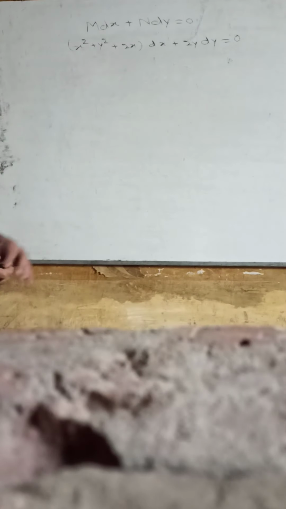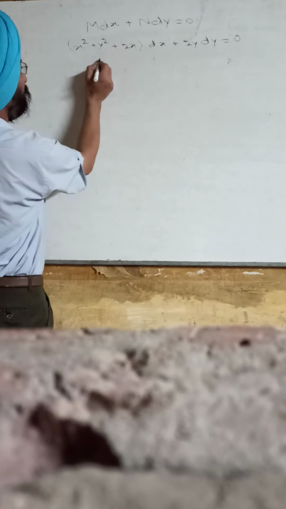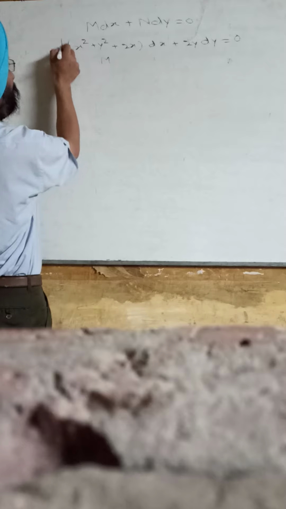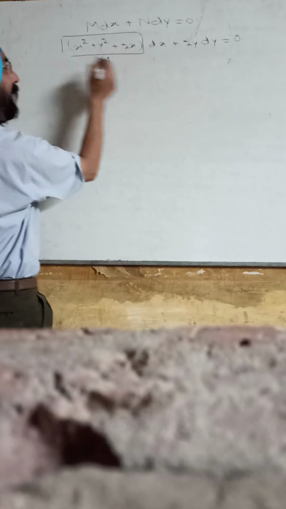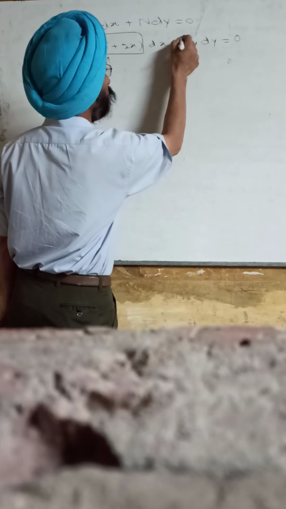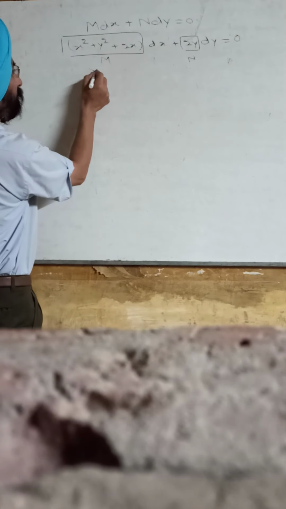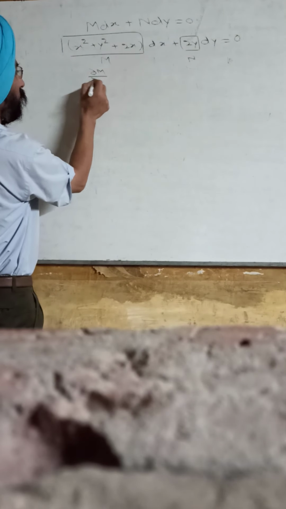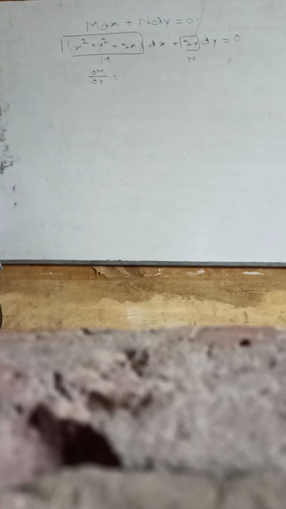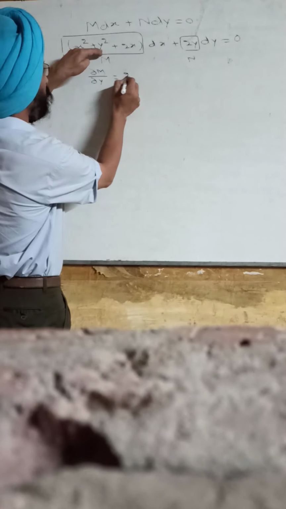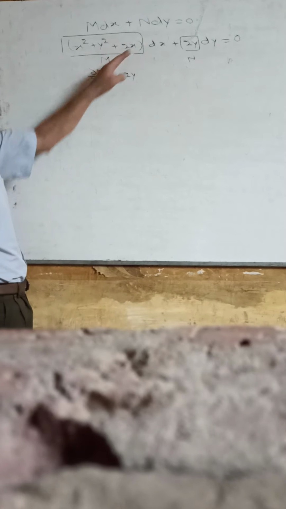Look into this equation. What is your m? Your m is this and your n is 2y. What will be curly m by curly y? That means the partial derivative of m with respect to y. It will be 0, derivative of this term will be 2y and it is again 0.